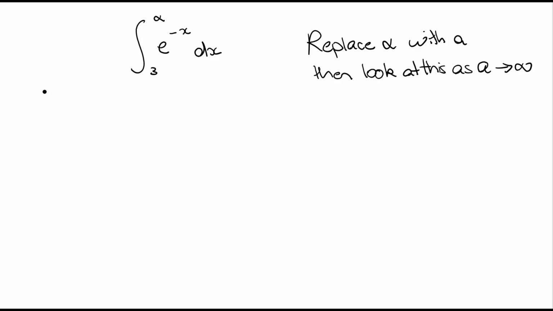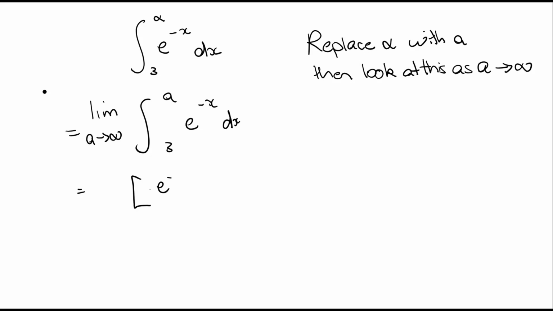So that becomes then the integral from a to 3 of e to the negative x dx. And what we're really going to do is look at that as a tends towards infinity.